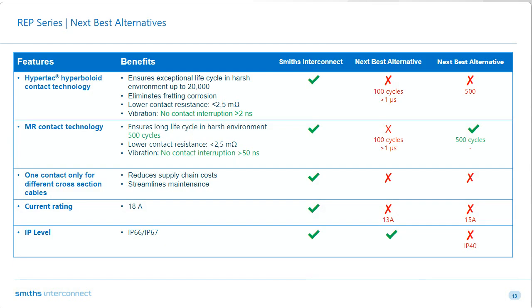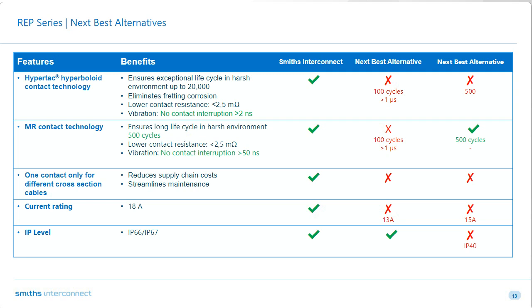So again, I'm not going to labor too much on this slide, but I just want to let you reflect when you're looking into a connector against everything else that's available in the market, whether you're talking about a contact technology, whether you're talking about one contact or different cross-section of cables, current rating, IP level.